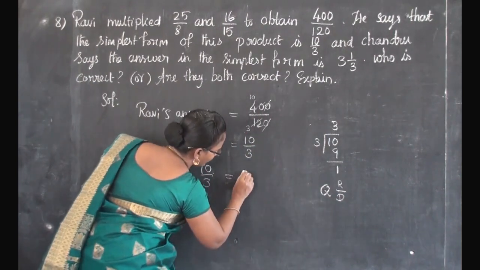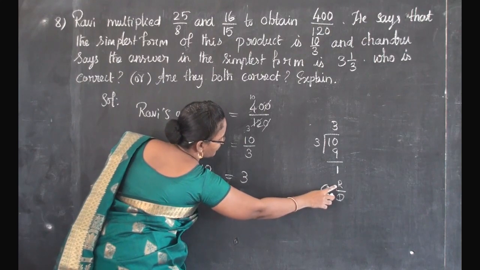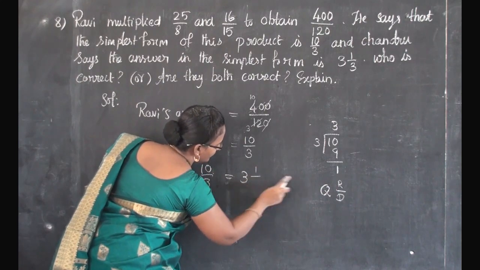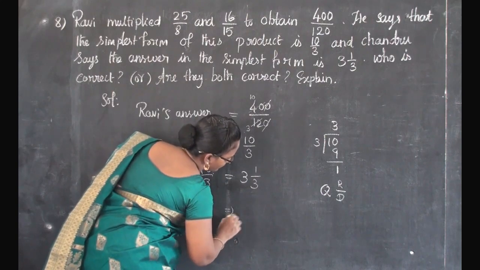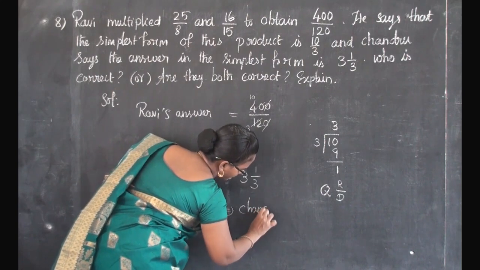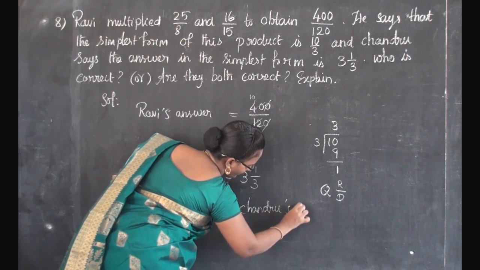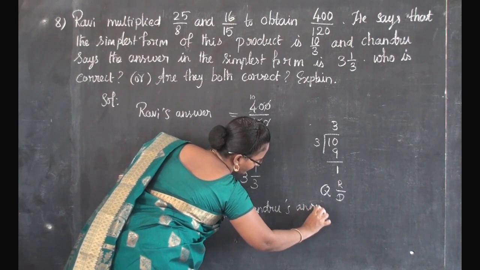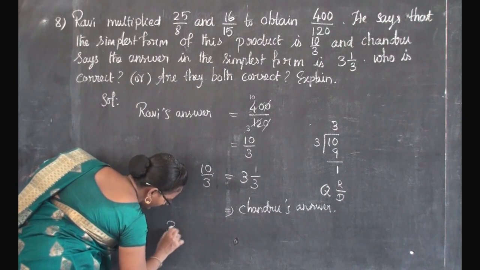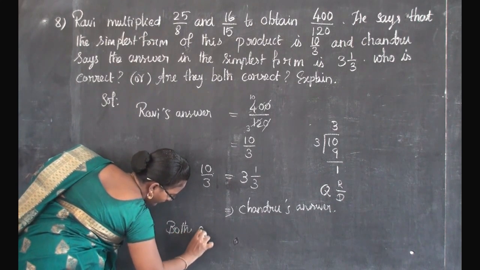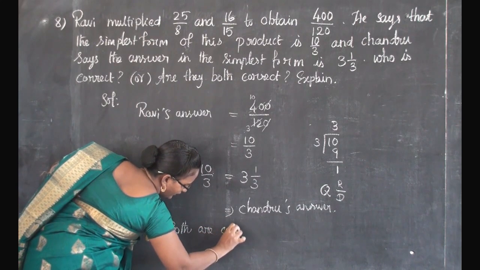What is the quotient here? 3, remainder 1 by divisor 3. So that is Chandru's answer. So here both are correct.